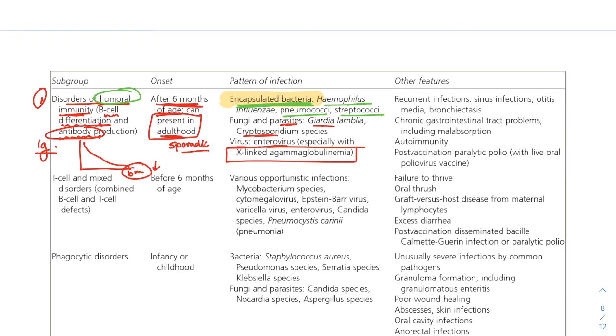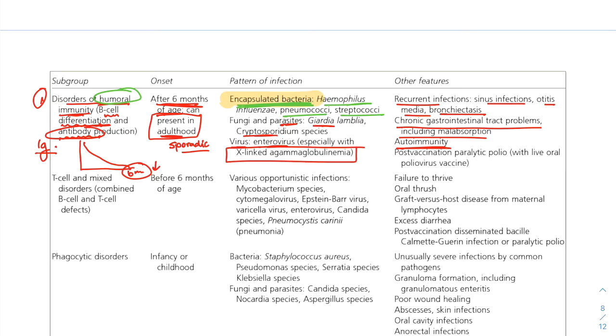So they have recurrent infections of the sinuses, otitis media of the ear, and bronchiectasis. Also, they have chronic gastrointestinal tract problems, including malabsorption, because of recurrent infections. There is also the presence of associated autoimmune disorders.